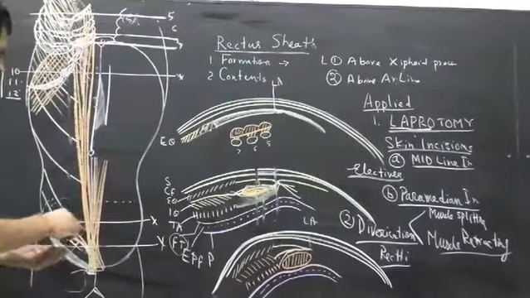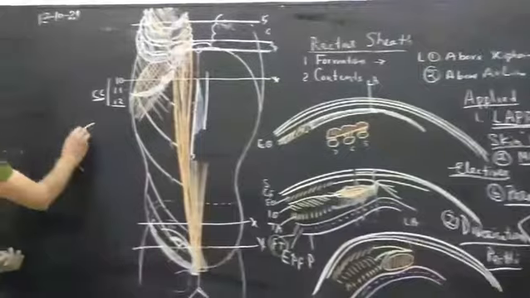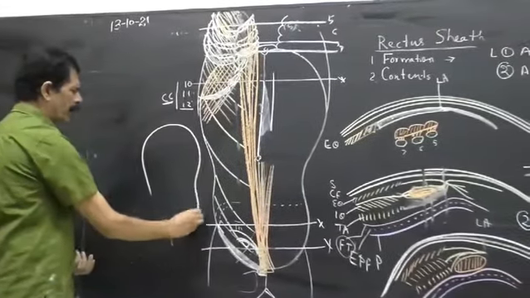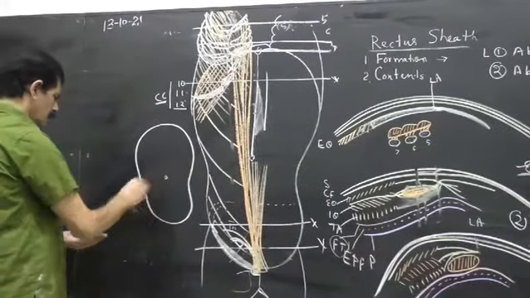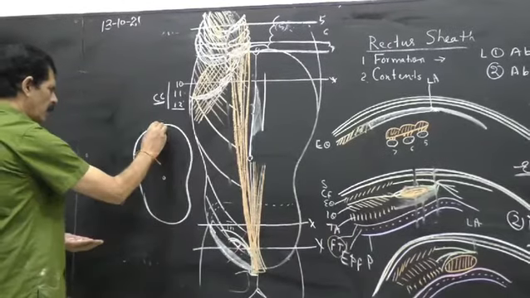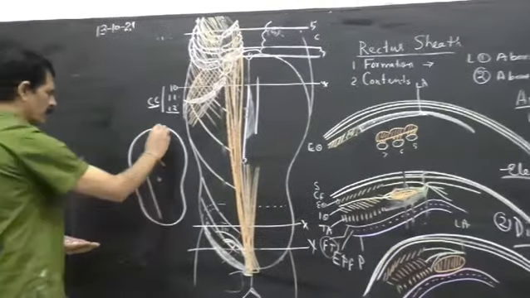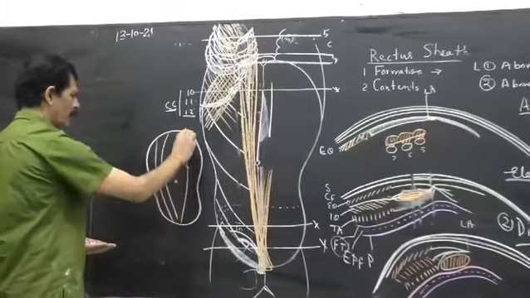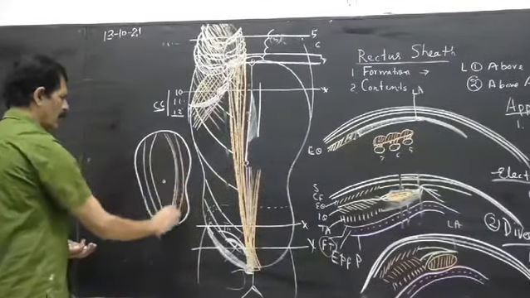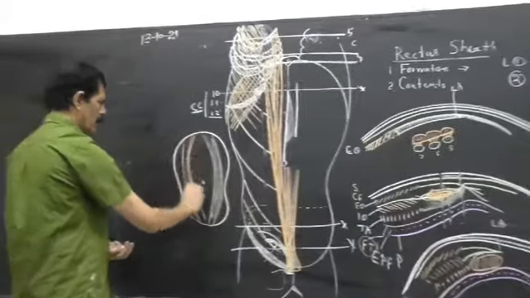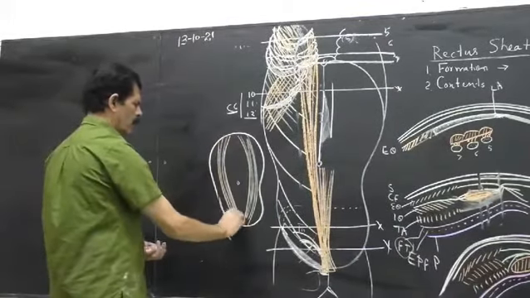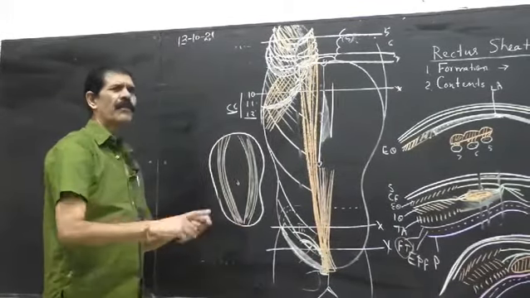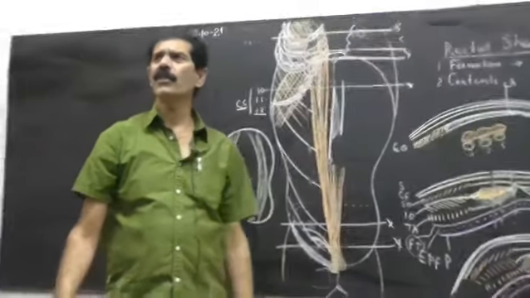In these individuals, the two rectus abdominis muscles go away from the midline because of the laxity of the anterior abdominal wall. So the muscles divert from each other. This is called the divarication of the recti.